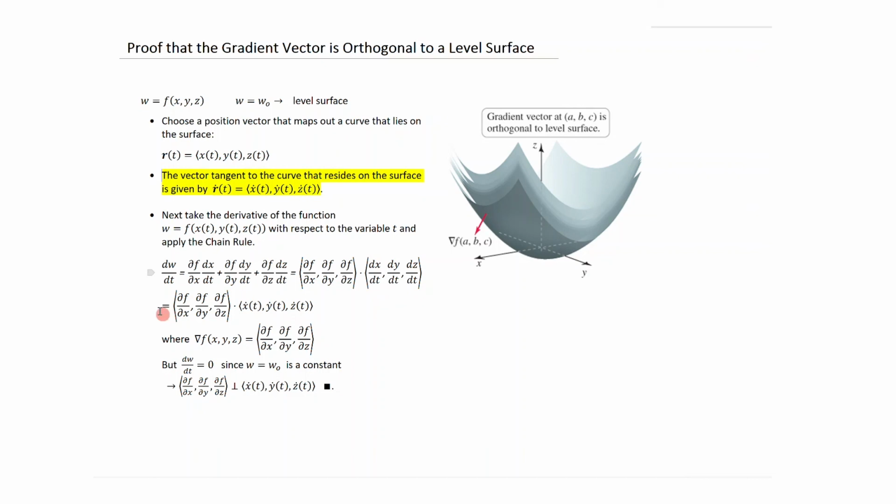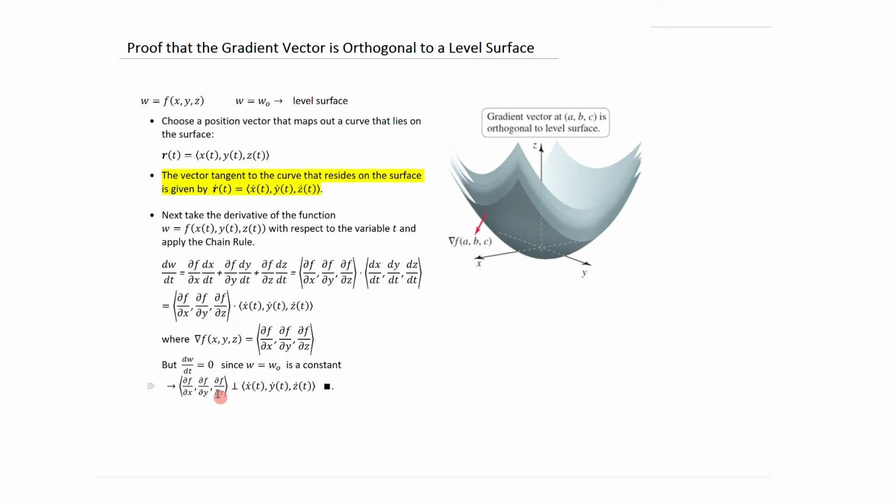All right, so this basically then simplifies to this, which is another way of writing it. But again, as I mentioned, dw/dt equals 0, since w equals w naught is a constant, and it's a level surface, which implies that the gradient vector is perpendicular to the tangent vector to a curve lying on the surface.